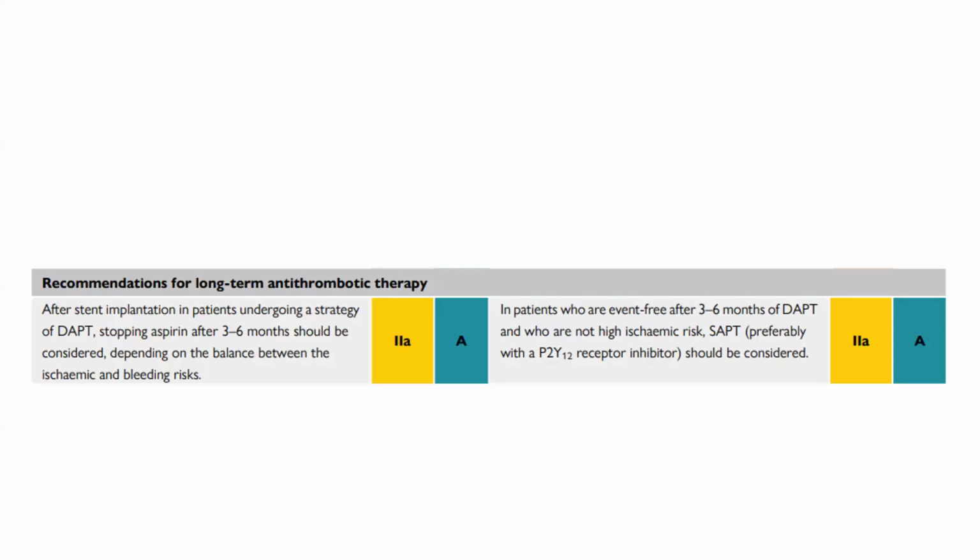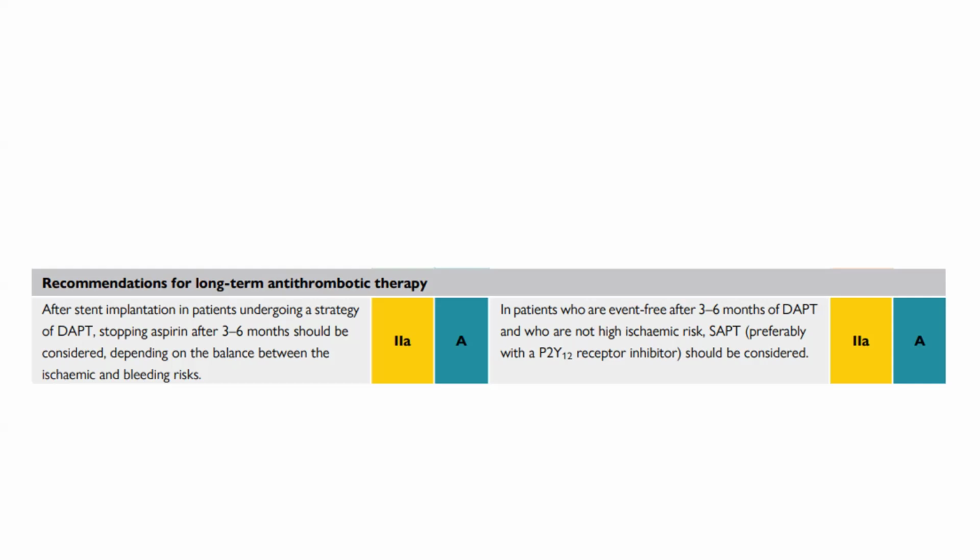Then with respect to long-term antithrombotic therapy, after stent implantation in patients undergoing a strategy of dual antiplatelet therapy, stopping aspirin at 3 to 6 months should be considered, depending on the balance between the ischemic and bleeding risk. I think it's similar, but this time around they put in event-free after 3 to 6 months, who are not high ischemic risk.